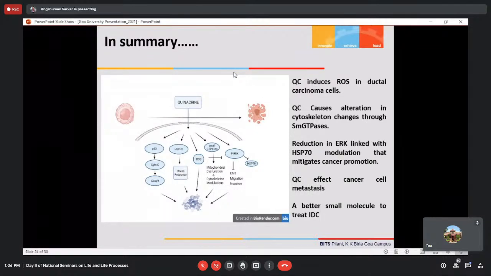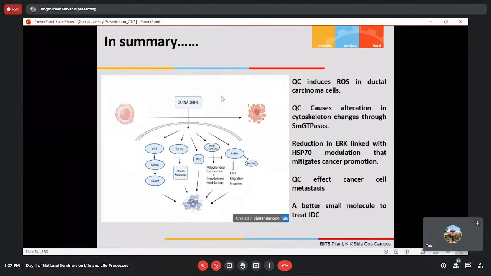A better small molecule to treat IDC. We have also generated tumors in a mouse model, and we have shown how the tumor is reduced in size after exposure to quinacrine, which has also been published.